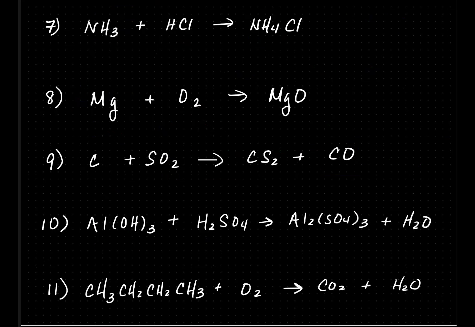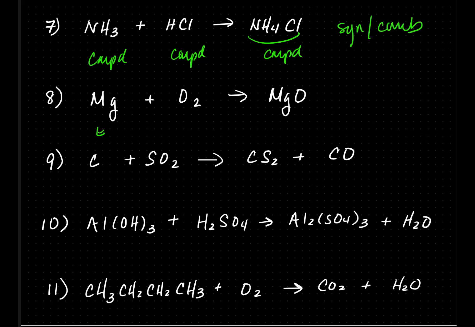Number 7, ammonia is a compound. Hydrochloric acid is a compound. It produces one large compound. This is a synthesis or a combination. Magnesium is an element. O2 is an element, a diatomic. One large compound here. This is again a synthesis or combination.